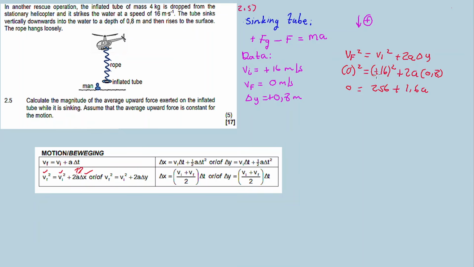Then we transpose, so we transpose the 1.6a, and 256 divided on both sides by minus 1.6. So the answer will be a negative. What is 256 divided by negative 1.6?